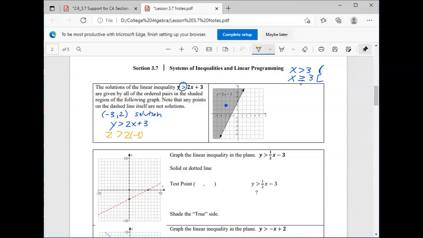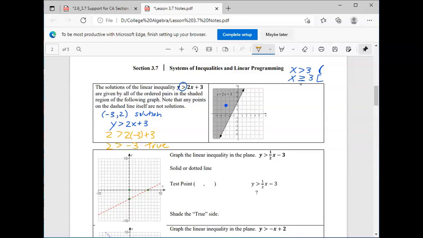Is this statement true? Is 2 greater than 2 times -3, which is -6, plus 3, which is -3? That is true. It should be true because it is in the shaded portion, which is what this paragraph is talking about.